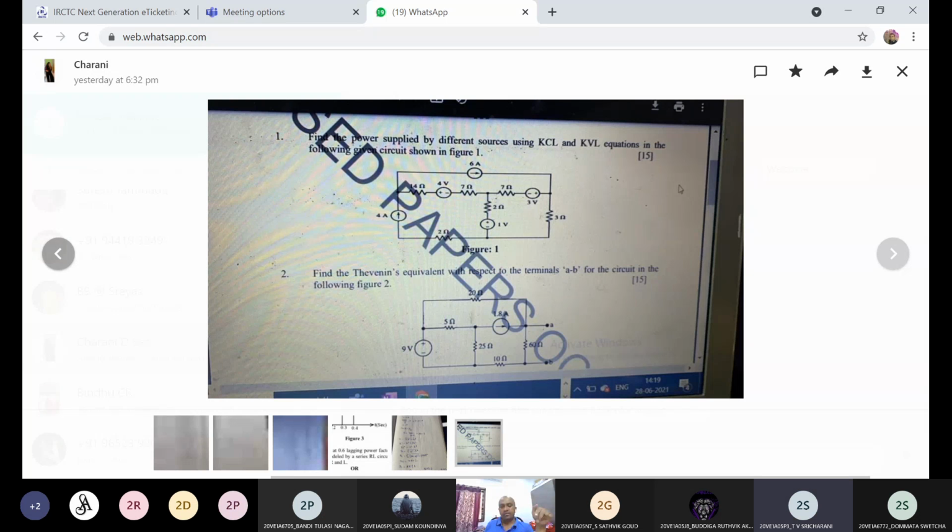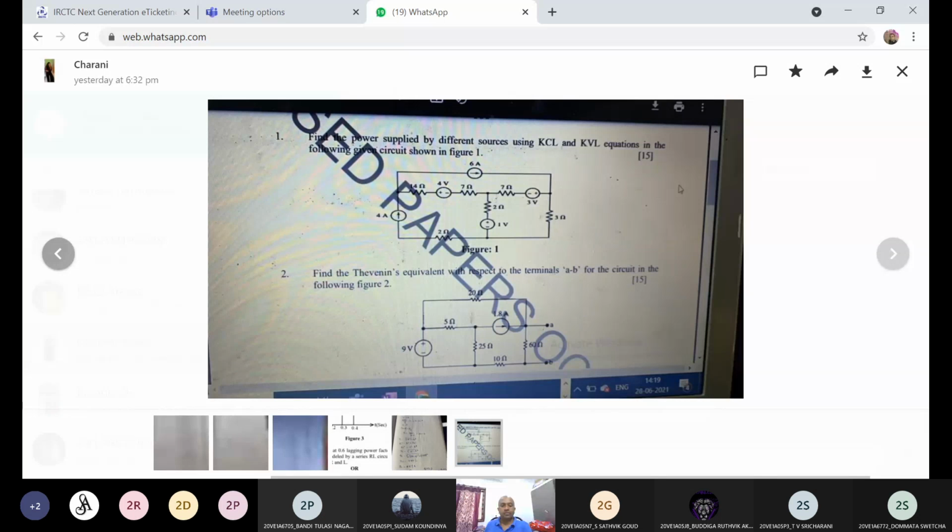Yes, sir. See, here only one thing you have to do. While calculating the RTH, if a voltage source is there, remove it and make it short circuit. If a current source is there, remove it and make it open circuit. So this 1.8 amps is the open circuit and here 9 volts is the short circuit.